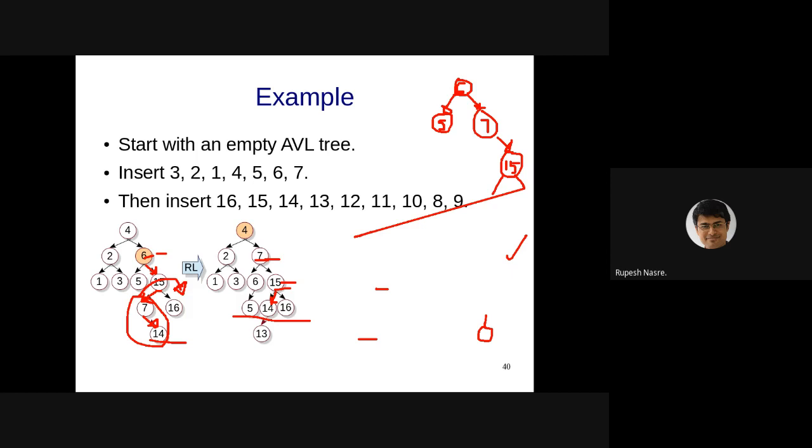In fact, the library implementations, for example, in C++, we have sets or maps. Internally, they use some sort of a tree. It turns out they use red black trees rather than AVL trees.